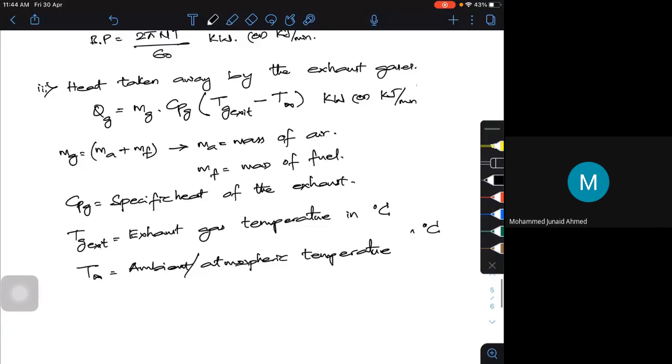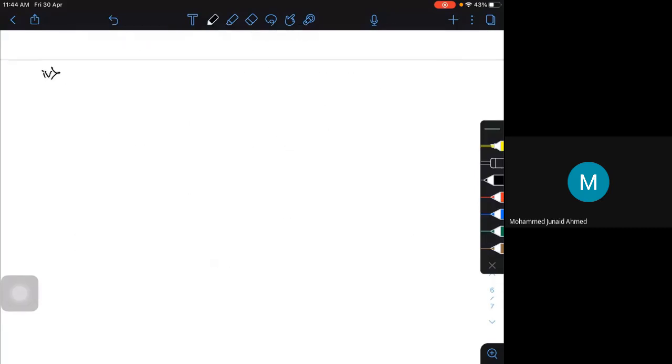So in a CI engine, we have heat carried away by cooling water. Heat by cooling water is equal to mass of water, because there will be a flow meter clearly showing the flow of water.